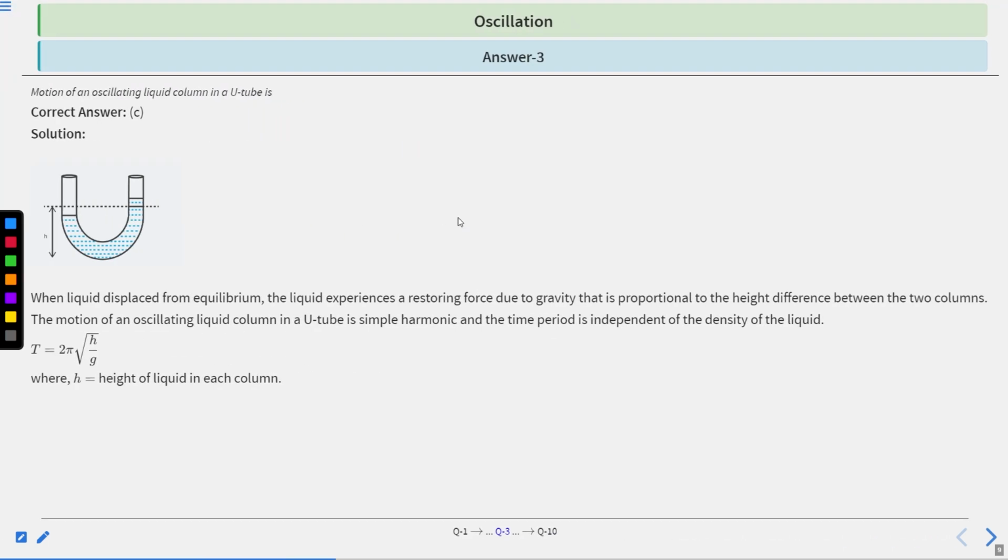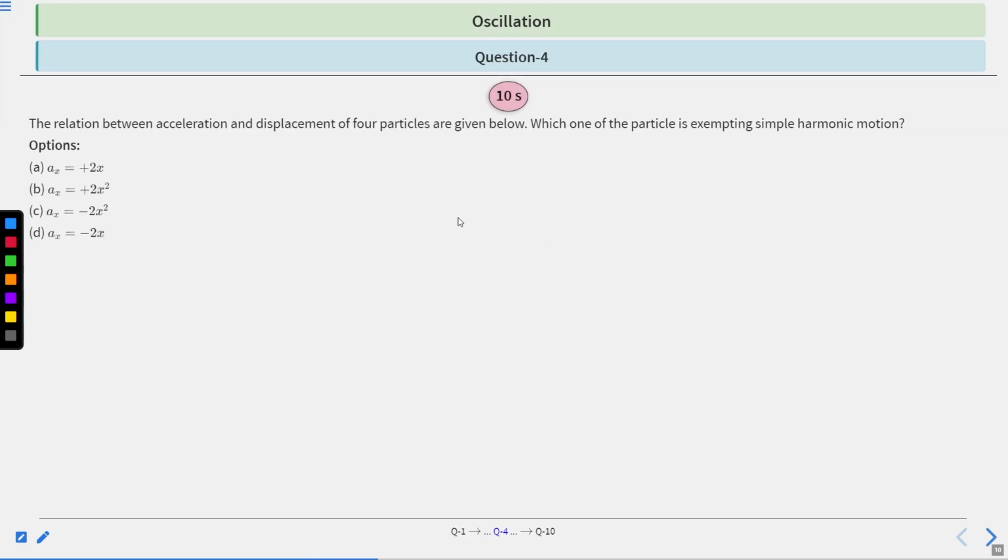Next question, question 4. The relations between acceleration and displacement of four particles are given below. Which one of the particles is executing simple harmonic motion? Option A, a equal to plus 2x.